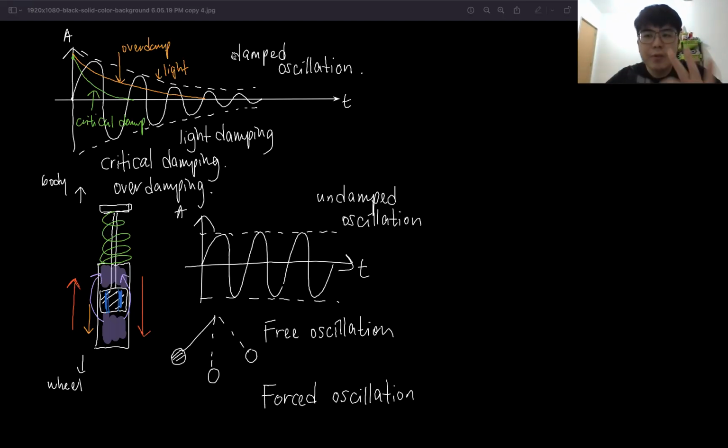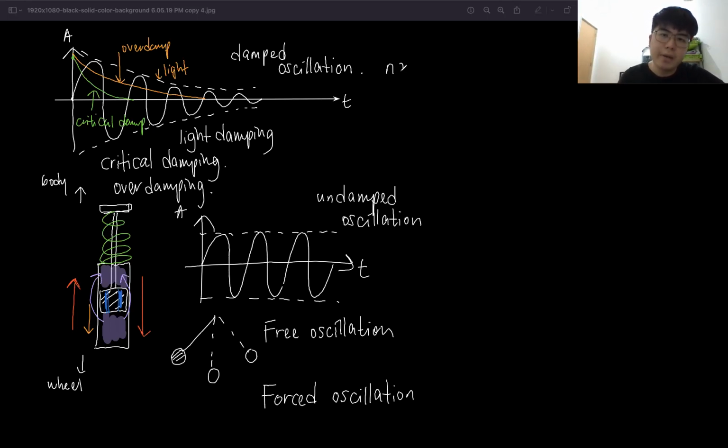It depends on a few factors, like the length of the string and the mass of the pendulum. We actually have a formula for that. So there are other physical quantities that will decide what frequency the pendulum will vibrate at. That frequency is called the natural frequency.